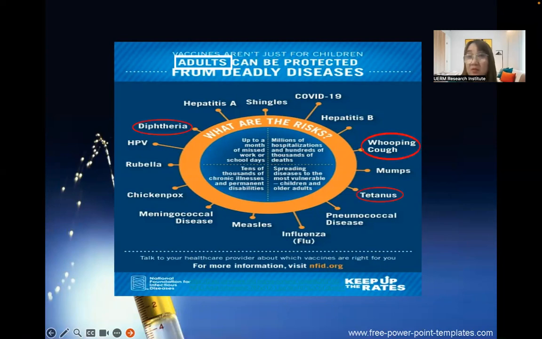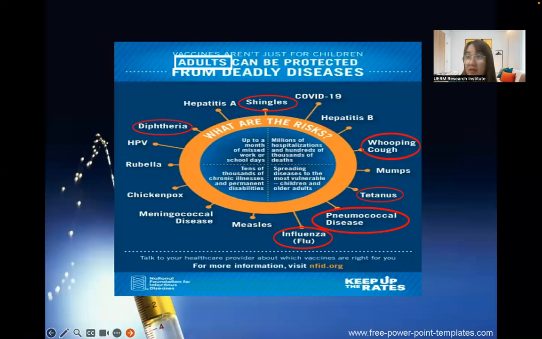In the adult immunization schedule, we see similarities with vaccines given in the pre-adolescent and adolescent age groups, such as Tdap, tetanus, diphtheria, and acellular pertussis, Hep A and Hep B, MMR, varicella, and HPV.